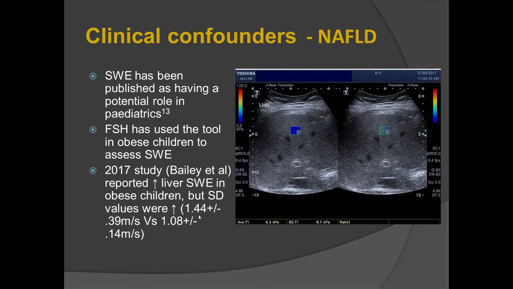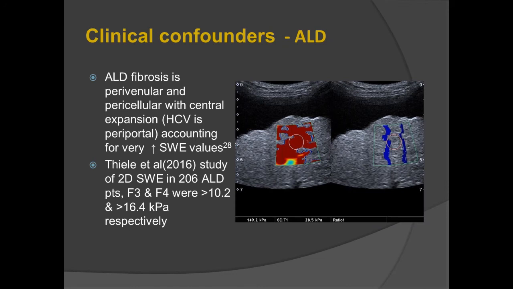We found that patients with alcoholic fatty liver disease have much higher shear wave values for cirrhosis than our patients that have HCV. And there's a thought process in a study by Teal that said that because when you have alcoholic liver disease fibrosis, you get scarring around the venules, so around the vessels, as opposed to around the actual cell, which is what you get with HCV, that you get much higher levels.